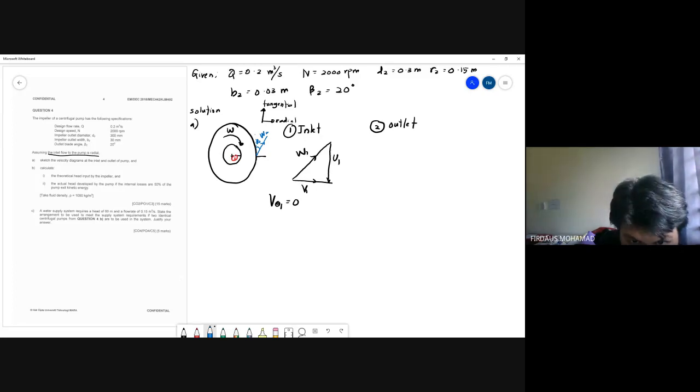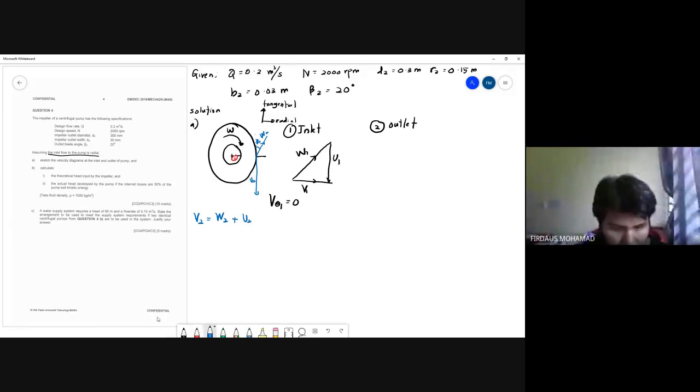Blade speed is always tangential to the casing, or to this point 2. So this is U2. And then we know from the definition that V2, the absolute velocity, is the summation of the relative velocity plus U, which is the blade speed.